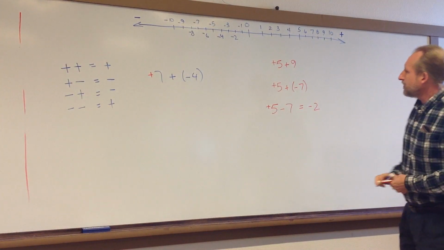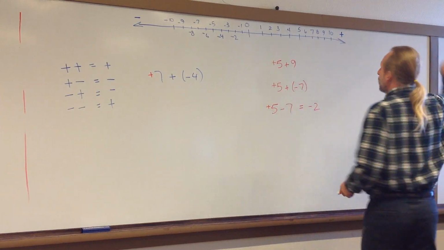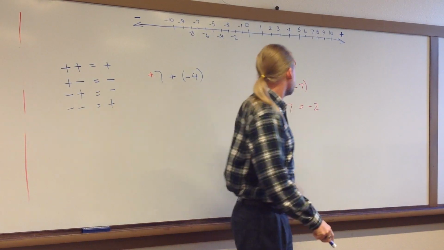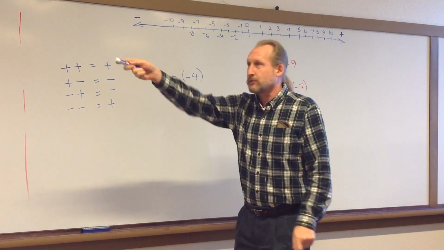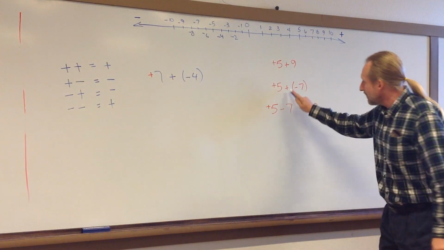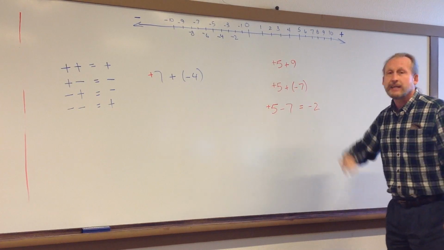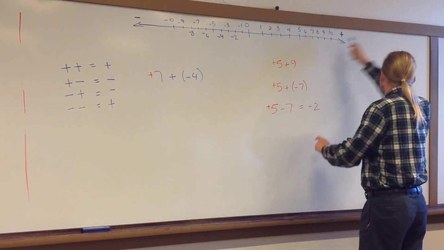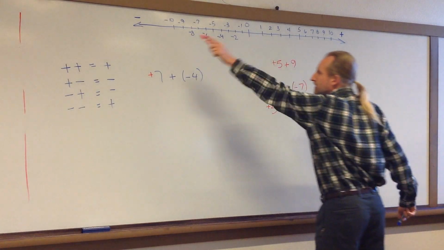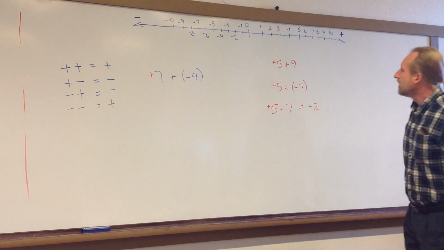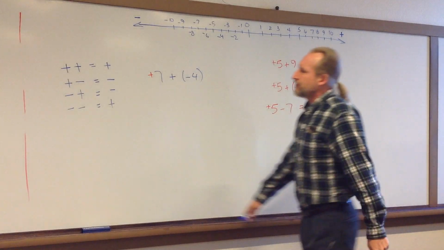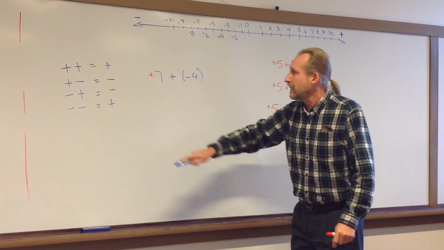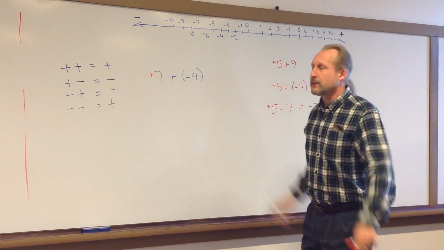So this plus sign says point yourself in this direction, and then this negative sign says turn yourself around and go this way. And so that's how we turn these two signs into just one single sign. When you've got a single sign, the plus says go this way, the minus says go this way. Same thing will happen if you have minus plus. Minus says face this way, and plus says don't change anything.